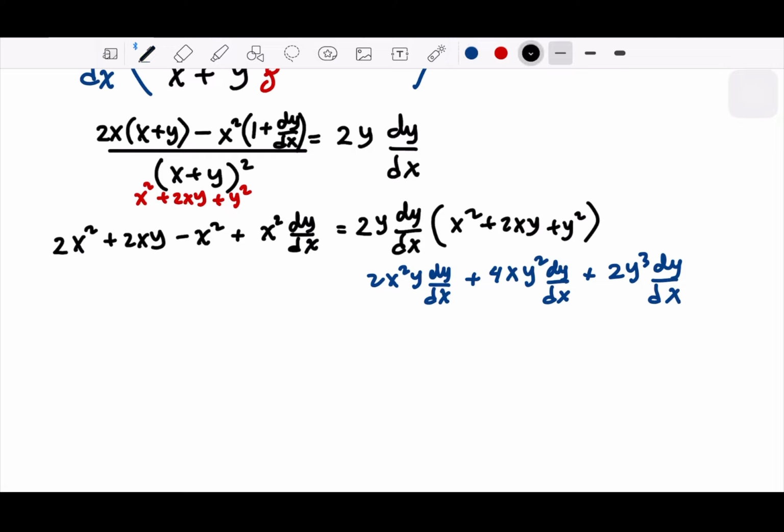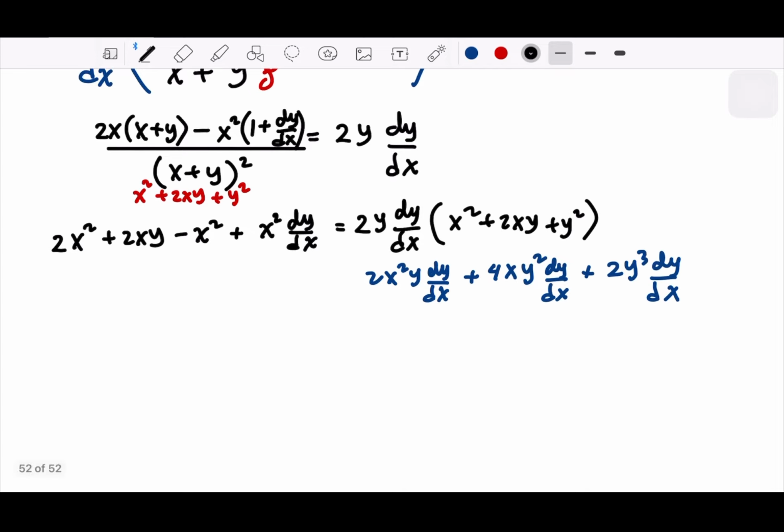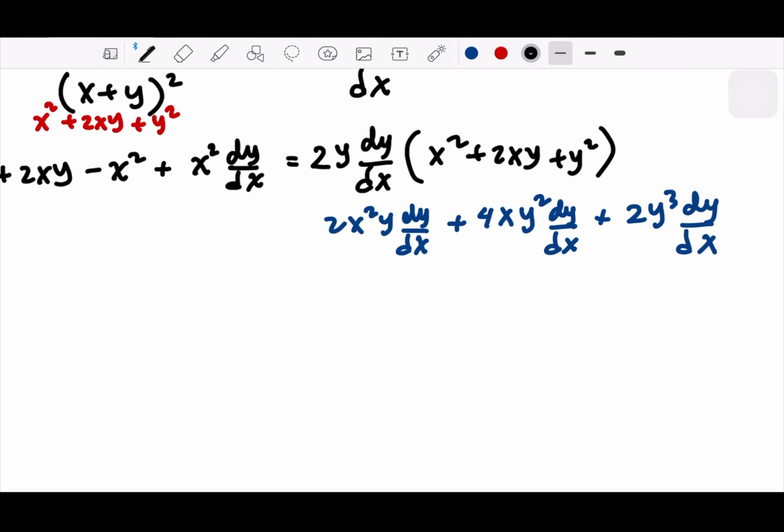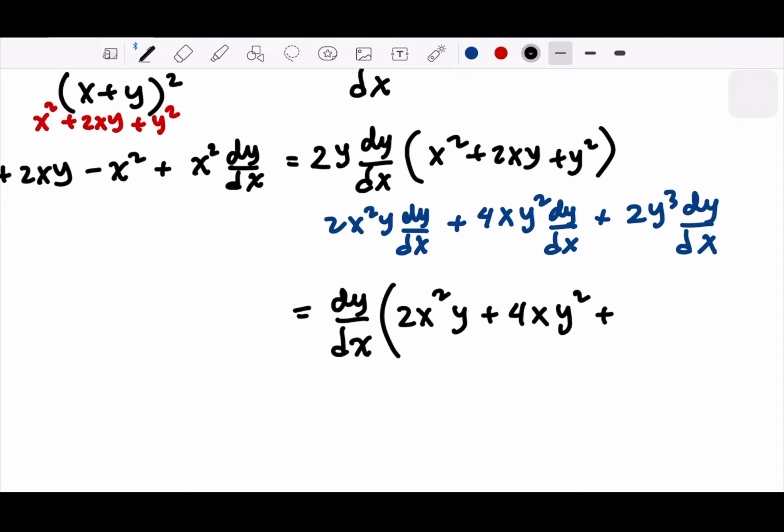Oh, I think we can just group the dy over dx all together. Dy over dx will be 2x squared y plus 4xy squared plus 2y cubed minus x squared.